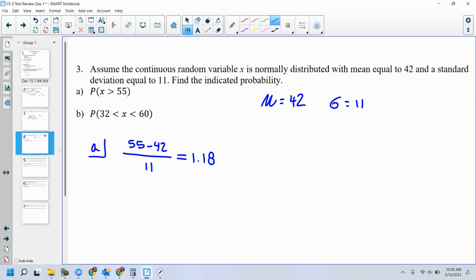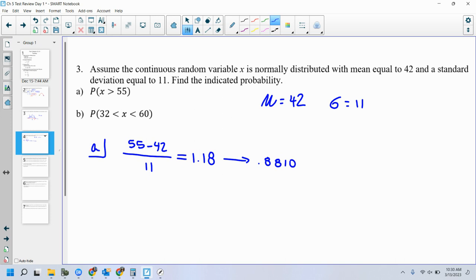Another way to do this is to just look at negative 1.18. That'll give it to you too. But I'll do the positive because that's probably how you guys did it. 1.18 gives 0.8810.